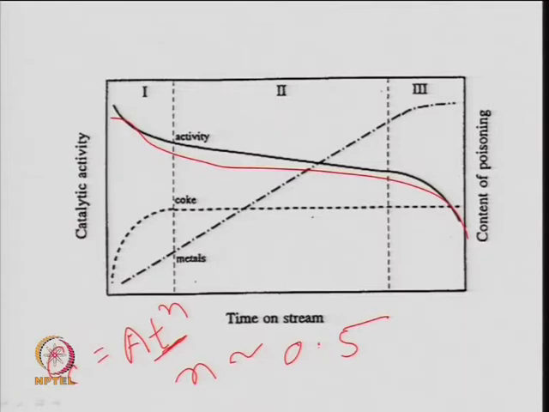So, this is the asymptotic coking rate, but metal deposition increases continuously, which is why hydrodemetallization has to be done in order to remove the metal from the catalyst. So, metal concentration increases continuously, but coke formation is an asymptotic coking rate, and the activity of the catalyst drops because of the combined effect. That is the combined poisoning effect shown in this graph.